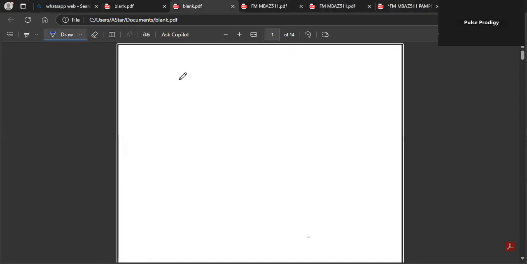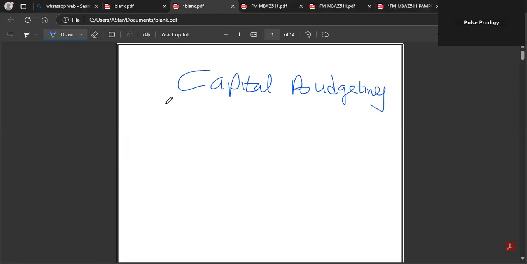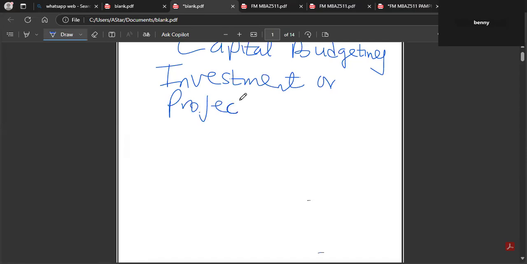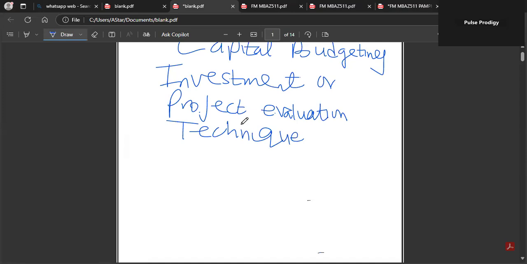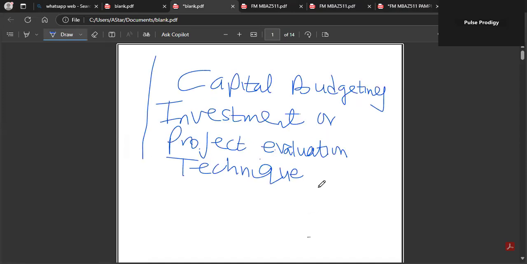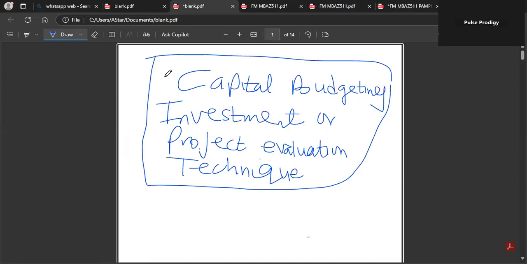Capital budgeting is also called investment appraisal technique, or project evaluation technique. All right. The techniques that we use here, there are actually 5 techniques.